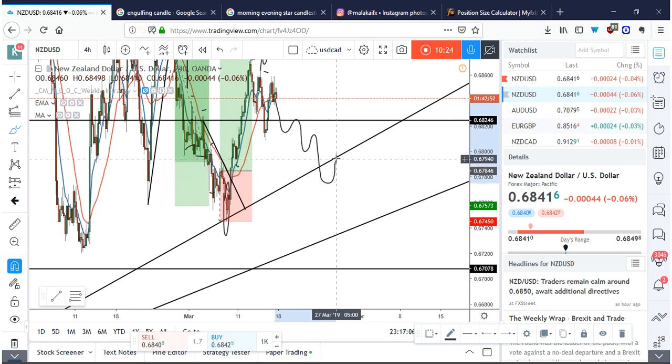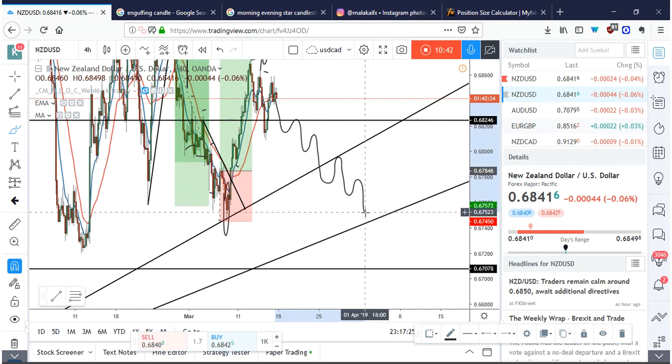Usually you would look for a retest. On the retest, you look for that morning or evening star candle formation, and then you would focus on taking price to this lower trend line. There's different ways, and then you can look at the price.